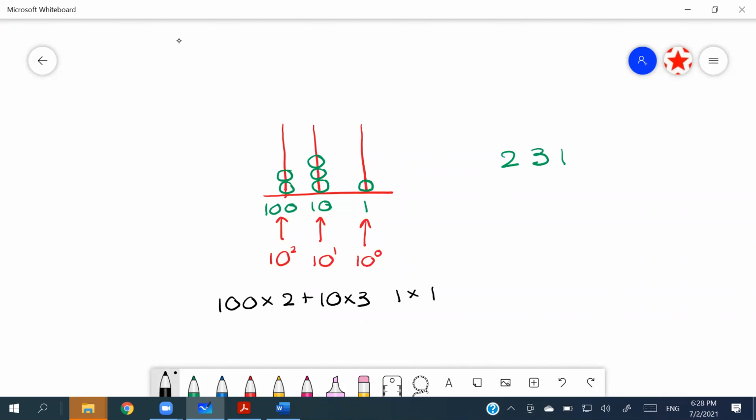So once you add these things up, 230 and 1 will give you 231. And this is how the value of 231 formed, but we are not really thinking about this.